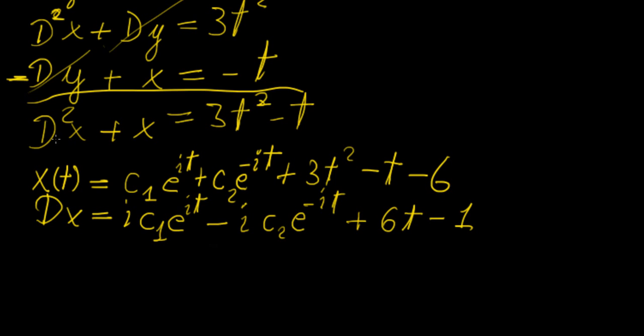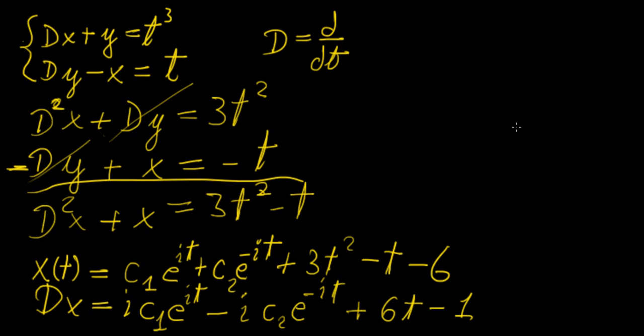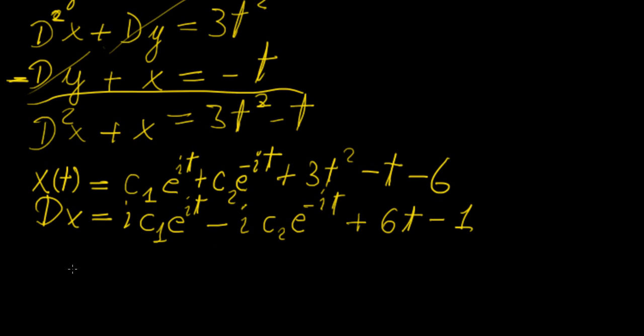So that implies that from the system of equations that we have here, we can actually solve for y using the first equation. So y is going to be t cubed minus dx.